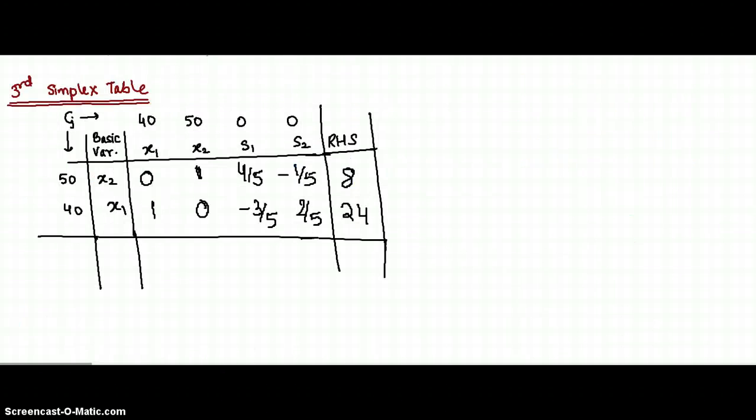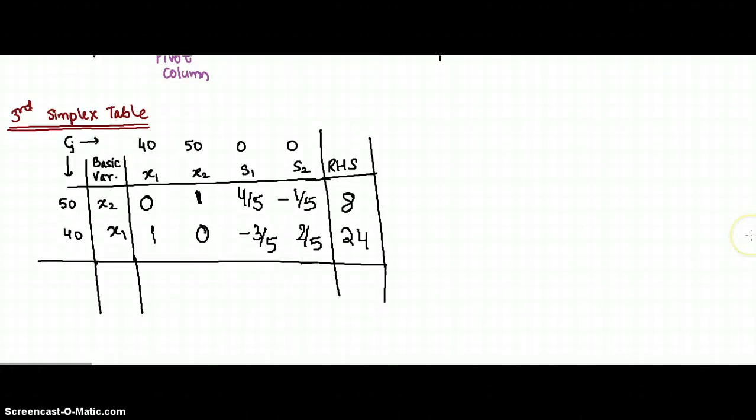Now the next thing we have to do is calculate the values of Zj and Cj minus Zj. How are we calculating Zj? Zj is 50 multiplied by 0, that is 0, plus 40 multiplied by 1, that is 40.